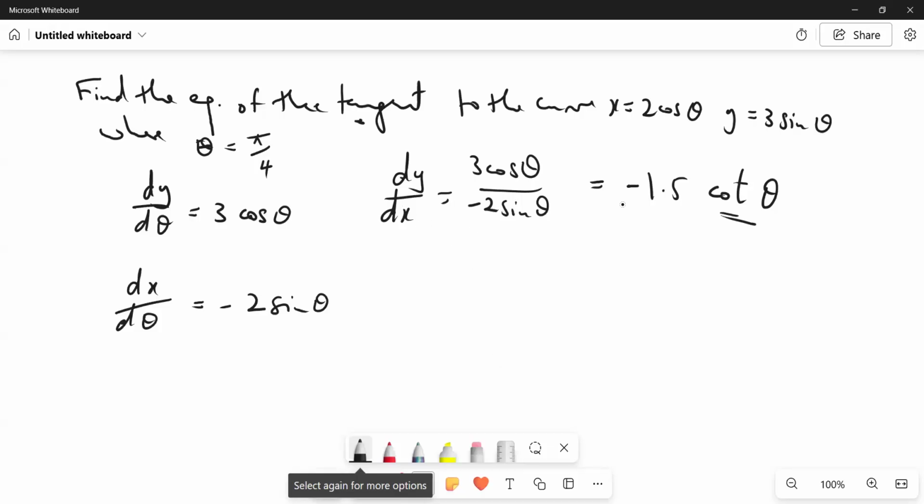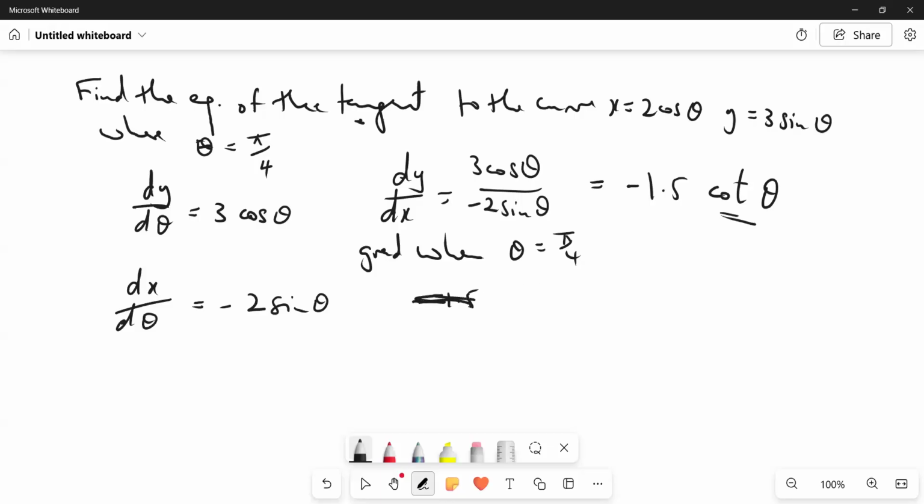So the gradient of this curve when theta is pi over 4, you just substitute inside here. So you get minus 1.5. If you don't know how to use radians in the calculator, you could just do 3 cos of pi over 4 over minus 2 sine of pi over 4, and simply change pi over 4 to 45 degrees.